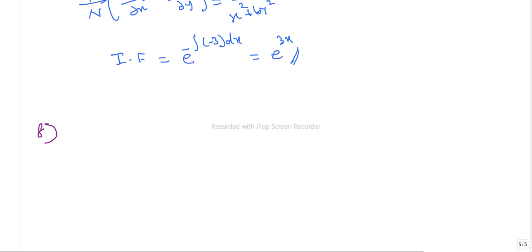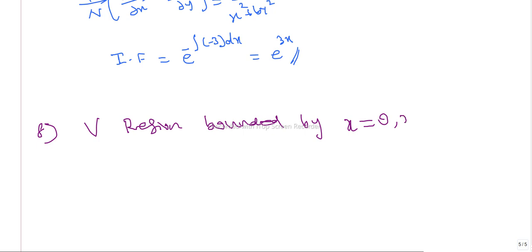Suppose V is a region bounded by the planes x = 0, x = 2, y = 0, z = 0, and the plane y + z = 1.